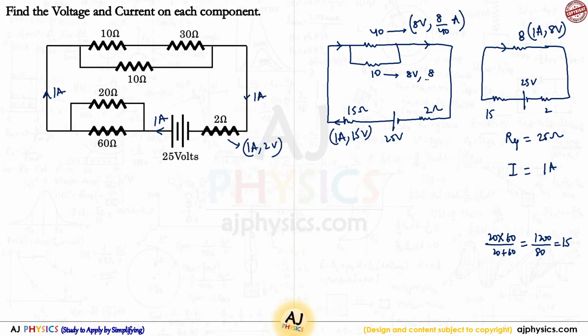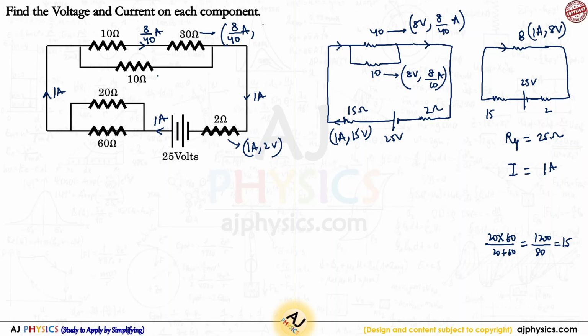The current will be 8 divided by 10 ampere. Okay, now let's get to the circuit here. Back in the circuit, whatever we have done, this one, the current passing from here will be 8 divided by 40 ampere. So we can calculate on this. The current is 8 by 40 ampere multiplied by 30.